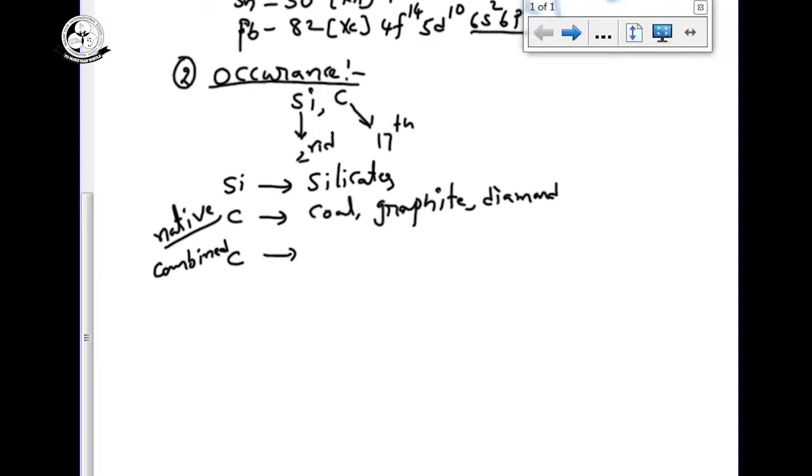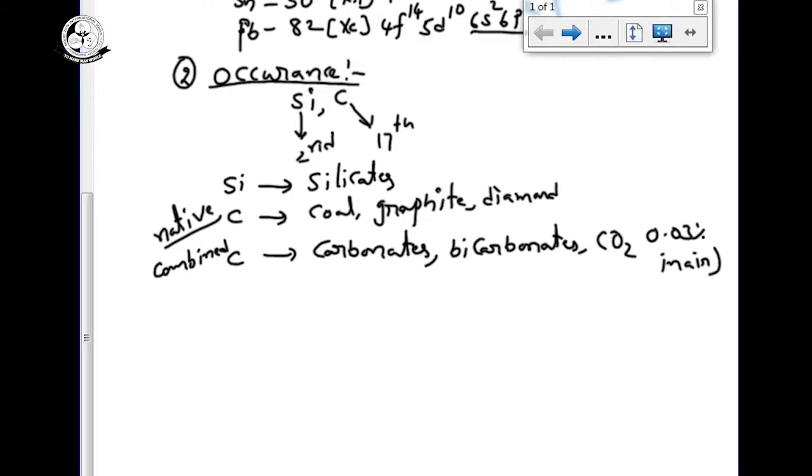In the combined state, carbon is available in the form of carbonates, bicarbonates, and mostly as carbon dioxide gas, which is 0.03% in air.